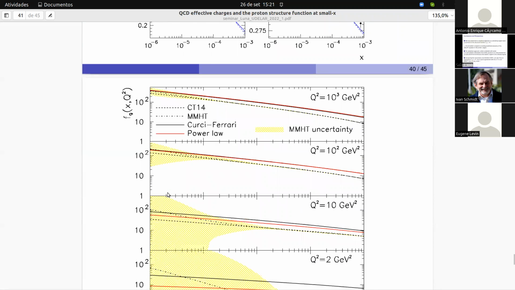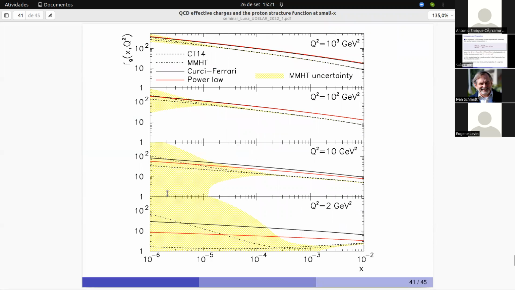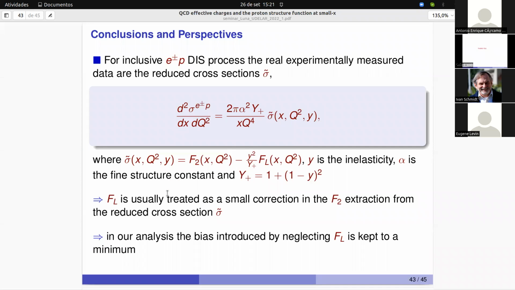What are you doing now? For example, we have used experimental data. The next one.